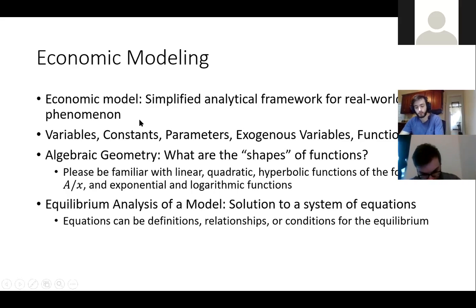Endogenous variable. In fact, you see my slides here? The second bullet point, I just wrote the word variables. By that, I meant endogenous variables, right? Those are the things you care about. The things you care about are the endogenous variables in the model because they're the things inside the model that will be determined by the model.